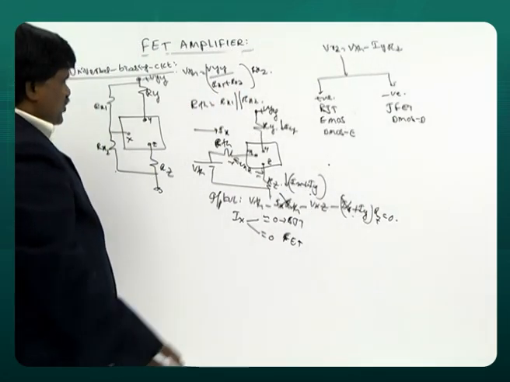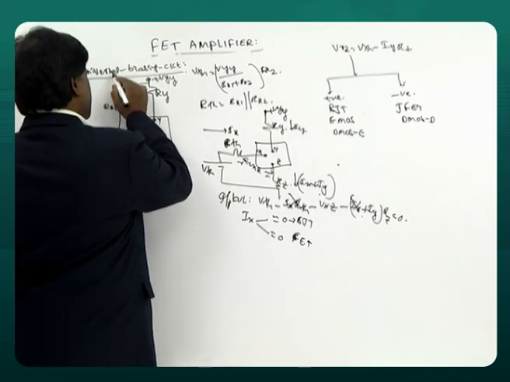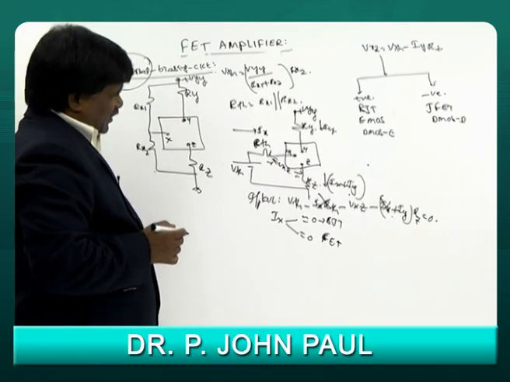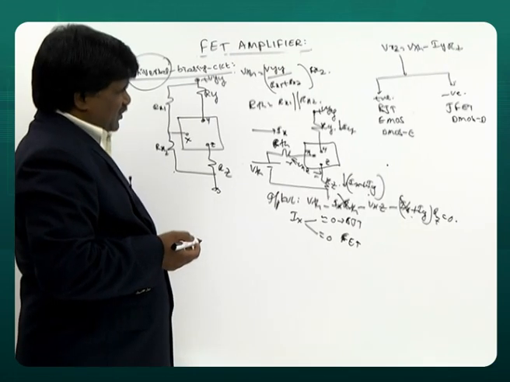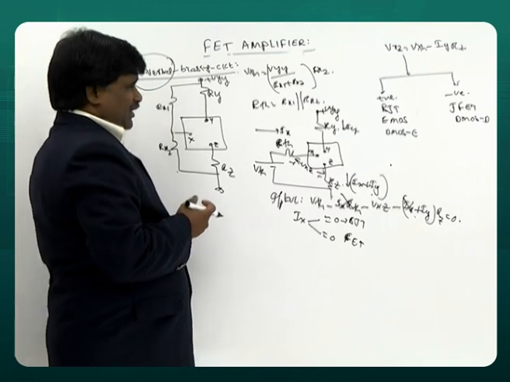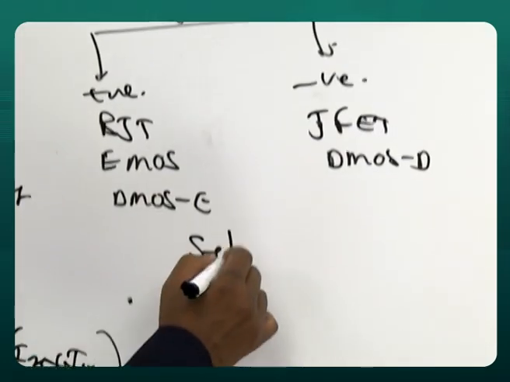And this circuit is used for all. That's why I named it as universal. The word universal means that everywhere it is valid. So one single circuit you can use for all the devices, and that is actually called self-bias circuit.